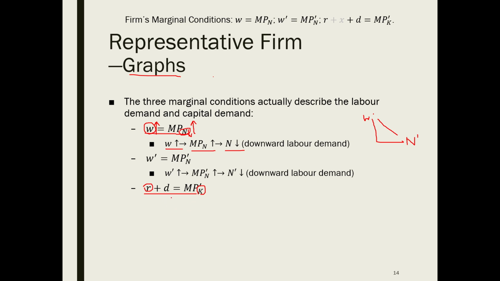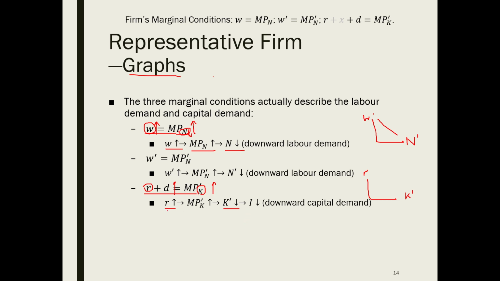We are trying to figure out the shape of the capital demand curve here. Step 3. Start with a rise in the exogenous variable R. The left-hand side rises. To restore the optimality condition, the right-hand side, marginal product of capital, should rise. According to the diminishing law, capital demand must drop to have a higher marginal product of capital.